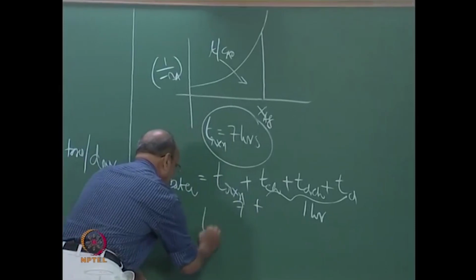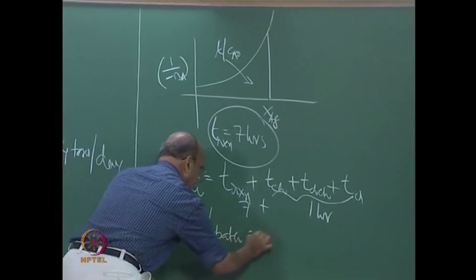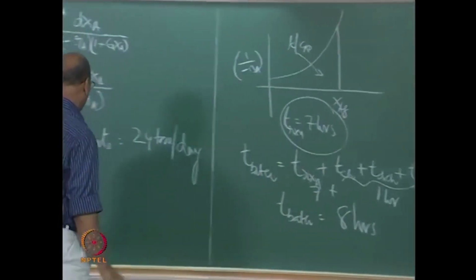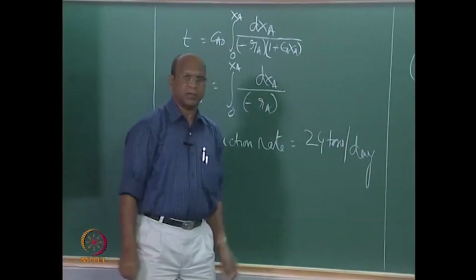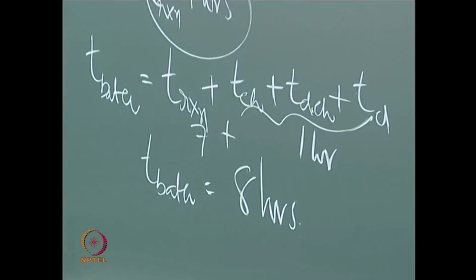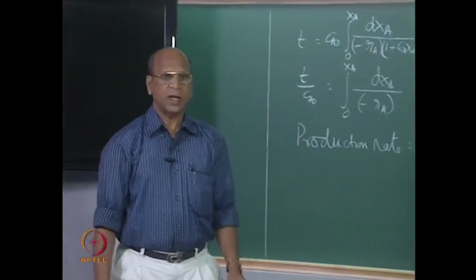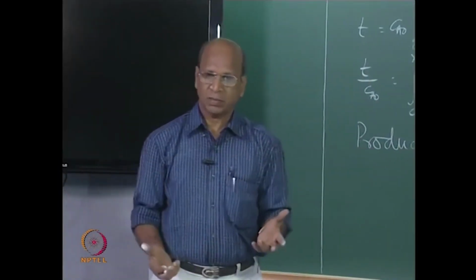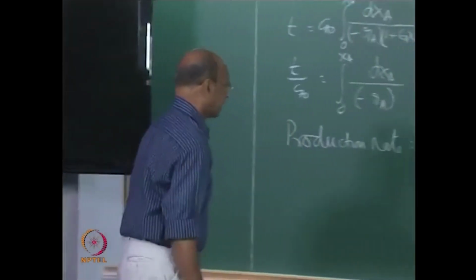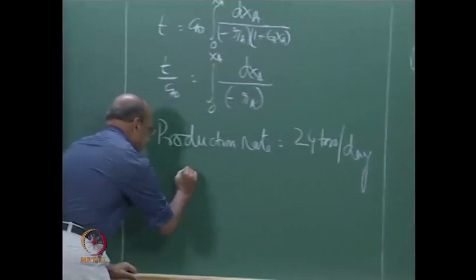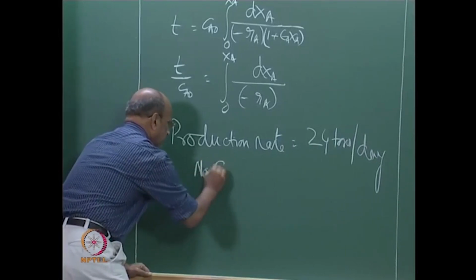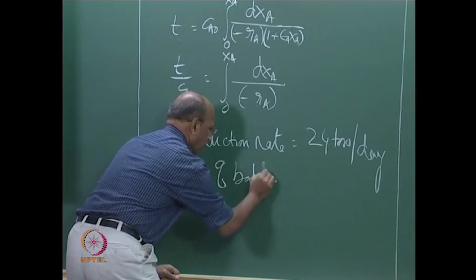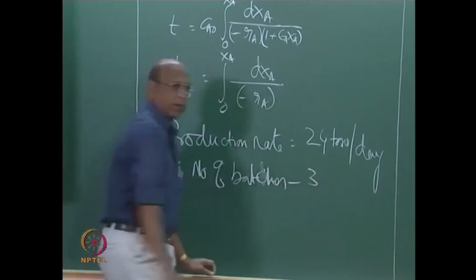So now I have a total batch time of 8 hours. I have to produce 24 tons per day, but I have 8 hours per batch. How many batches can we take? 3 batches. So the number of batches is 3.